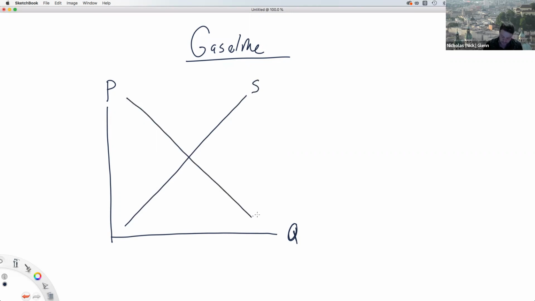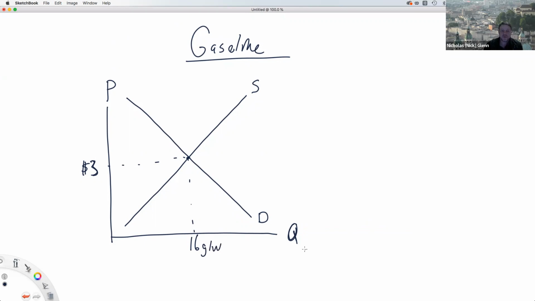Our demand curve is downward sloping. And where these intersect is where it's in equilibrium. We're starting out at $3 a gallon, and when it was $3 a gallon, consumers on average were buying 16 gallons per week.